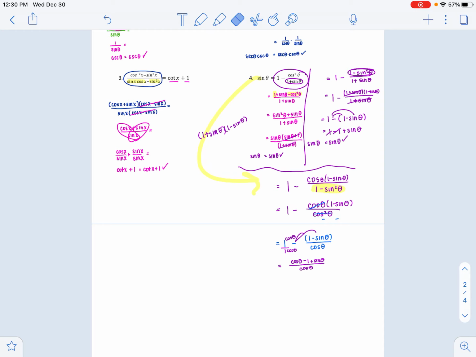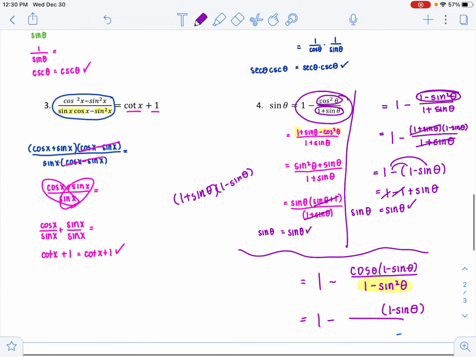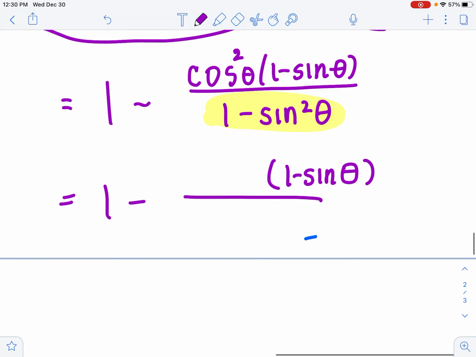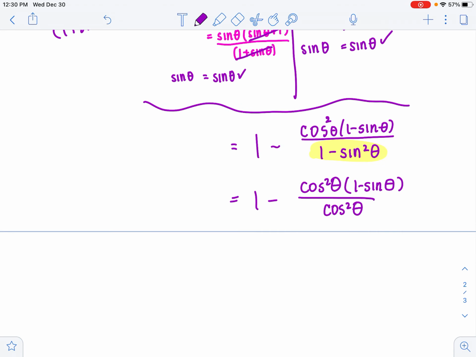I found my mistake. I copied down the original wrong. So this original right here, this was cosine squared, and I just wrote cosine right here. So this was cosine squared. And then if you recall, this changed to a cosine squared of theta, and this was cosine squared of theta. That's why.